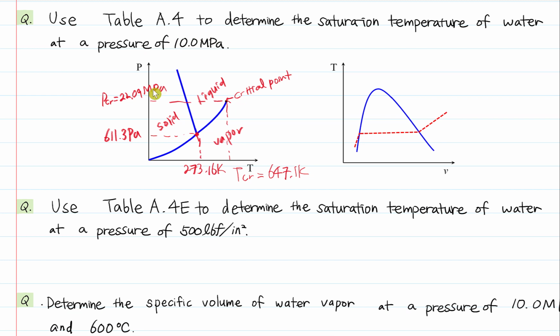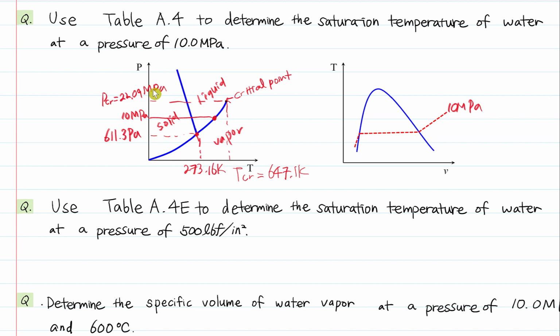So we expect the point is somewhere here. So this is 10 megapascal. On the TV diagram, let's say the red line is at 10 megapascal, which is constant.